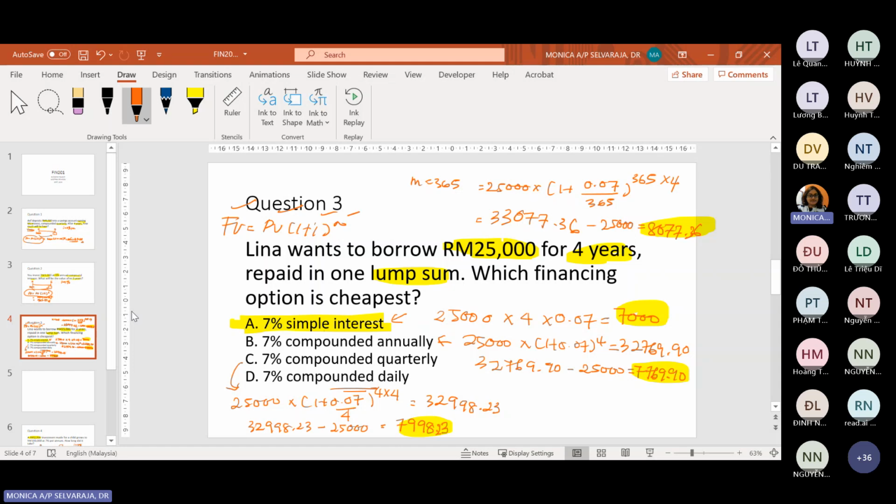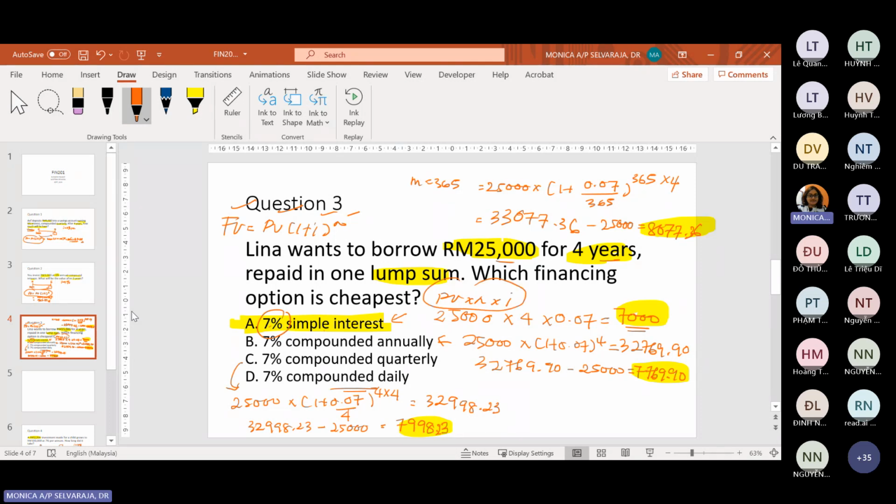Now this one, simple interest, is no formula. Basically you take this, multiply with the 7%, gives you the value. Simple interest is present value, multiply N, multiply I. It's the simple interest formula.